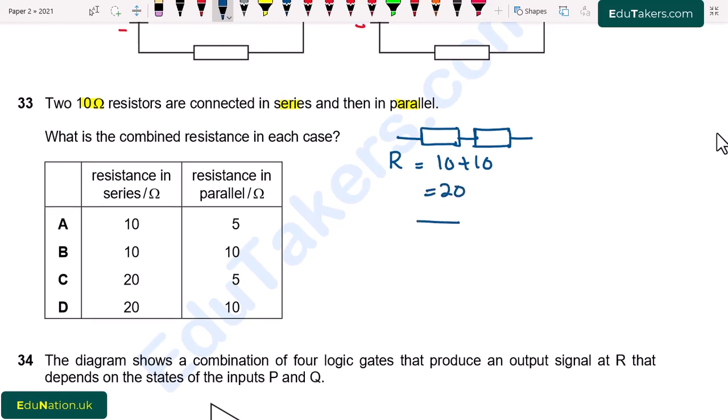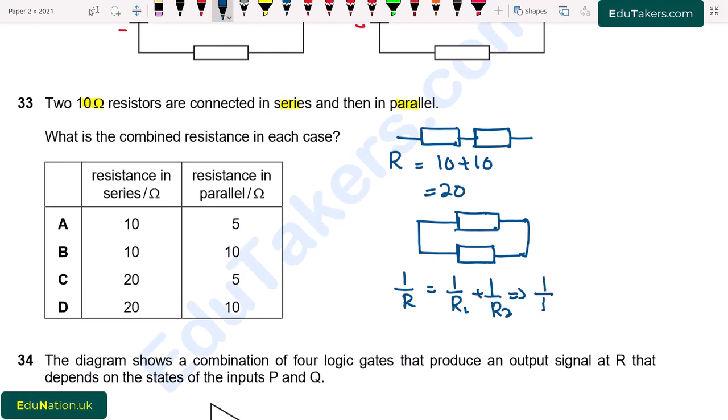And when these resistances are parallel, like this, the total resistance is obtained by this formula: 1 over R is equal to 1 over R1 plus 1 over R2. So here 1 over R is equal to 1 over 10 plus 1 over 10.